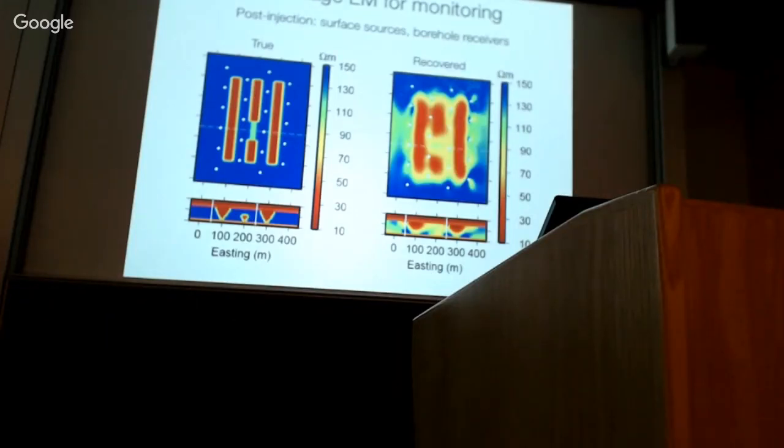So this is really, I think, encouraging as far as what electromagnetics can see. And the fact that this whole thing is up within the top 400 meters of the Earth makes the seismic really difficult. It's very expensive to collect seismic and do 3D inversion, and yet you can get something out of here. So yeah, that's encouraging.